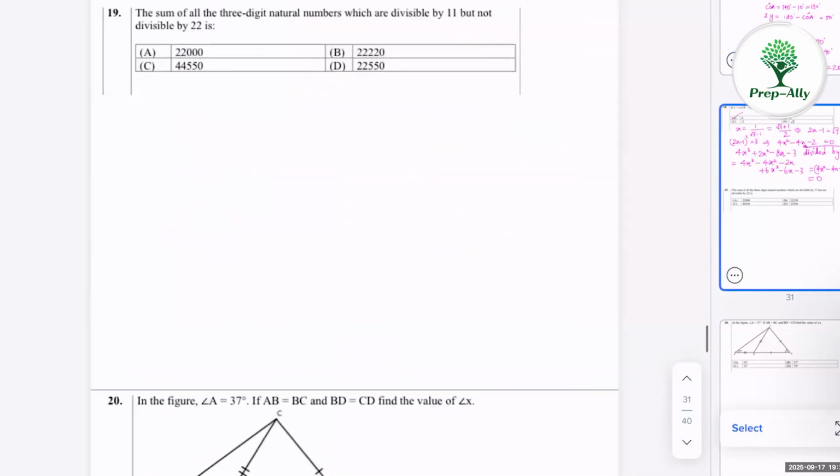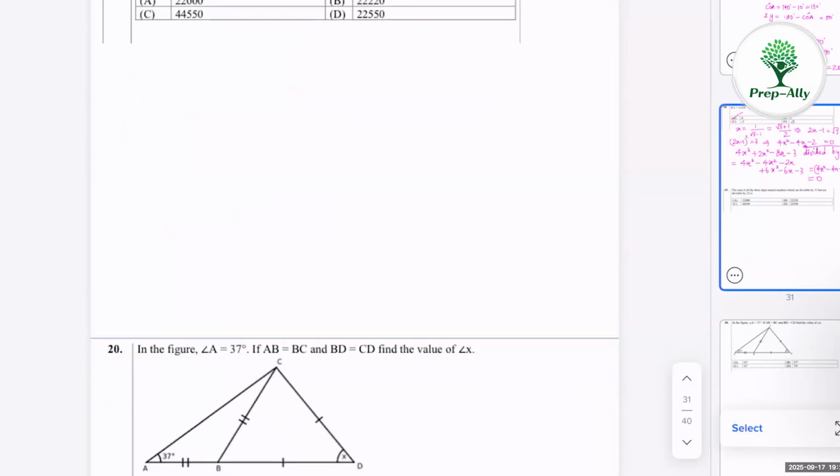Let's see question number 19. We are asked the sum of all 3-digit natural numbers which are divisible by 11 but not divisible by 22.